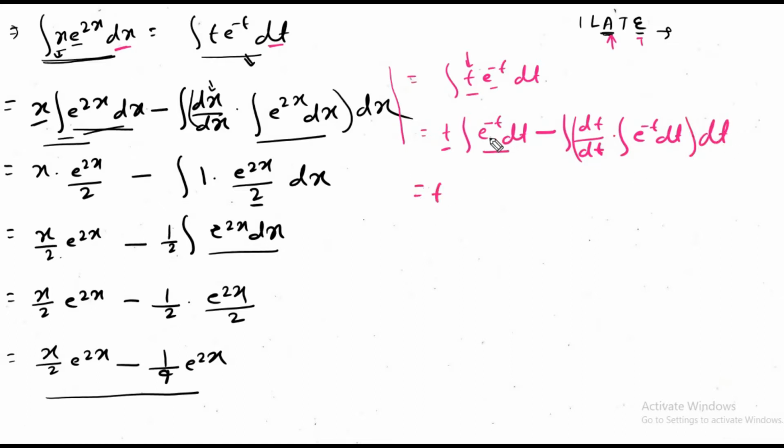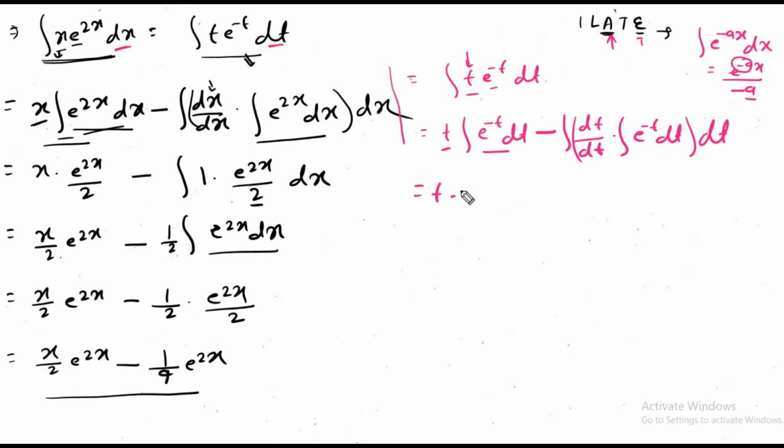If we integrate e to the power minus ax with respect to dx, then the solution becomes e to the power minus ax upon the coefficient, so e to the power minus a.